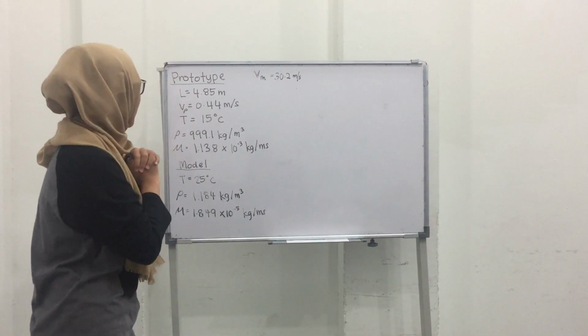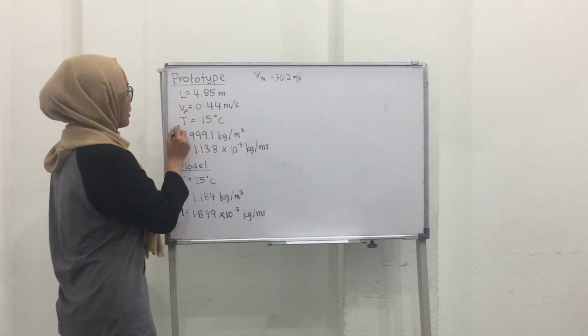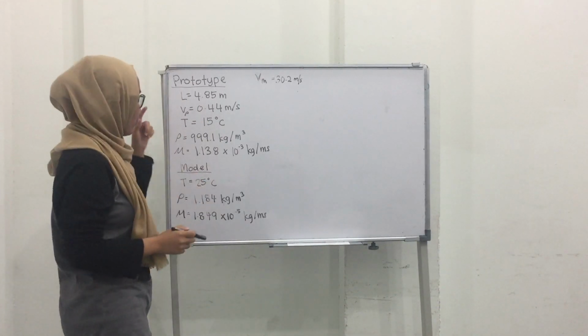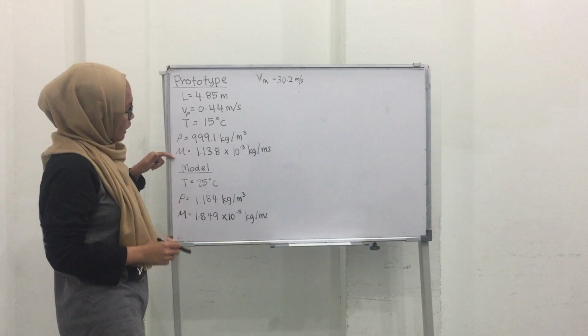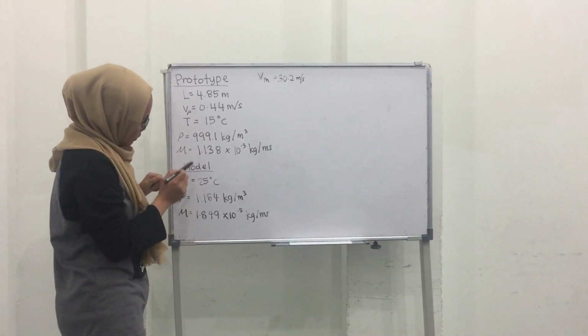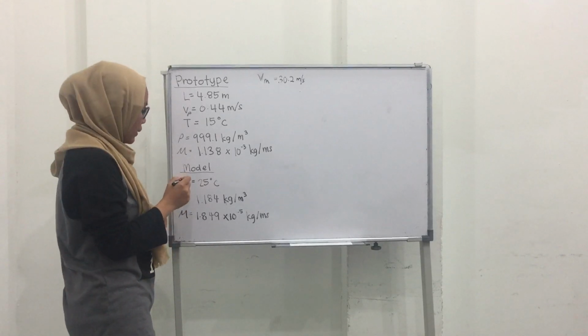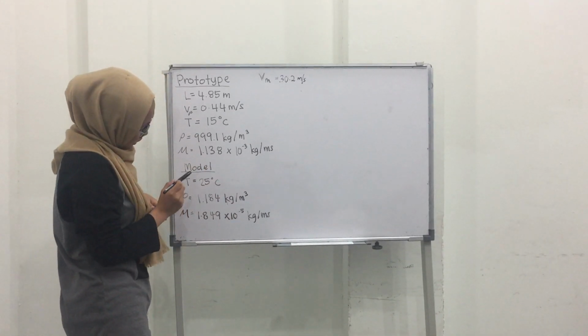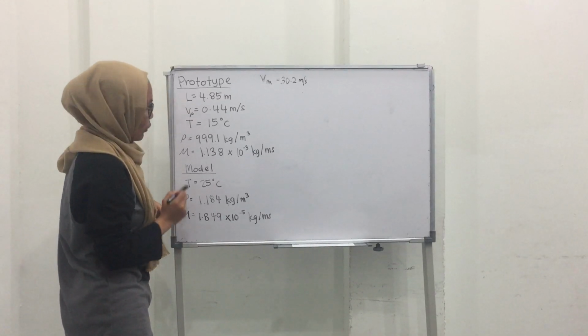From the question, we already know the temperature for the prototype is 50 degrees Celsius. So we need to find rho and mu from the table. After that, we also know the temperature for the model from the question, and then referring to the table, we know the rho and mu.